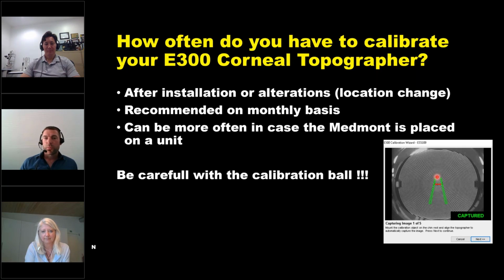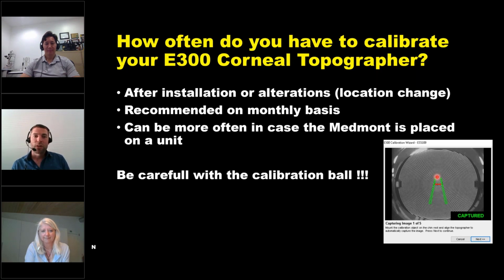So get a bit of experience with your Medmont, how much difference there is after each calibration. Medmont will nowadays also remind you after 6 months that your calibration has expired. This is perhaps a helpful thing to keep in mind.